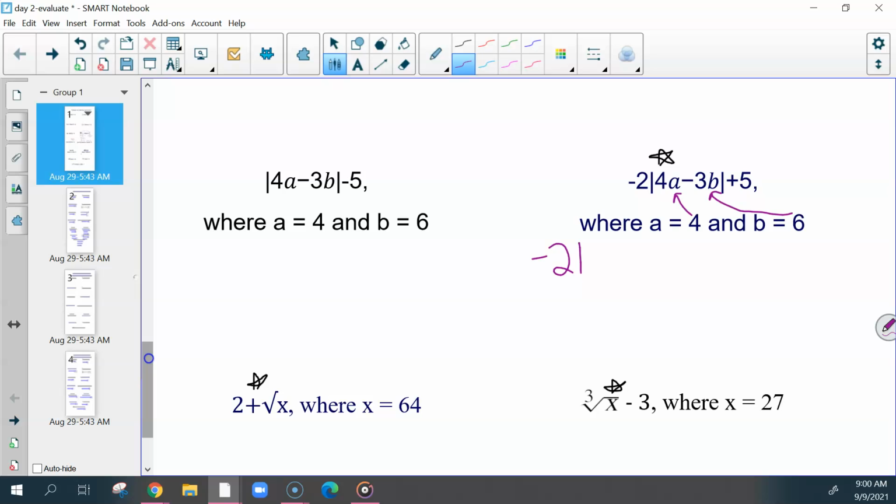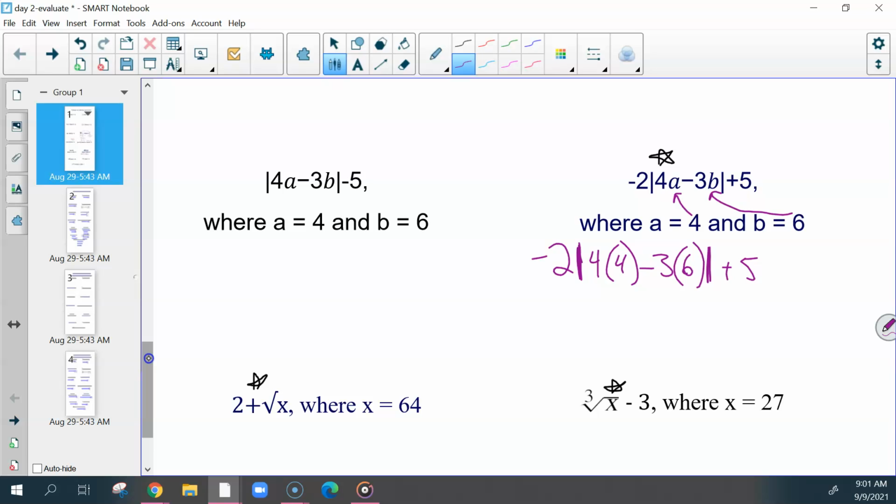I'm going to rewrite this with both of those in there: 4 times 4 minus 3 times 6. Once you put those numbers in there, it's just order of operations. What do you do first? And go from there.